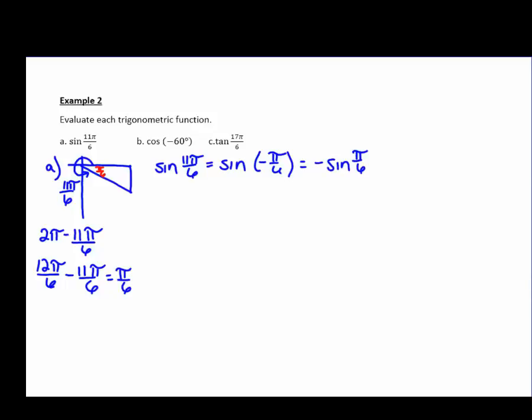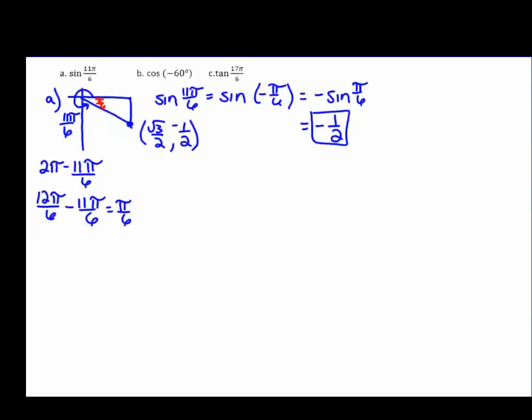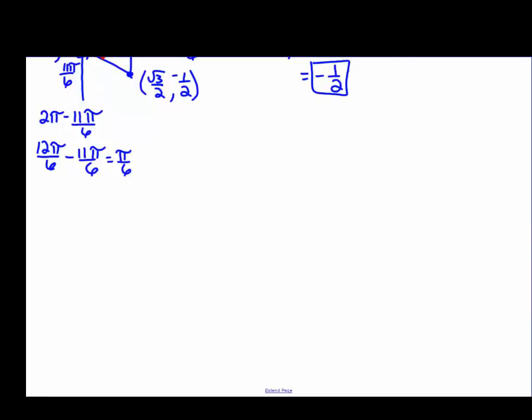And so if we remember on our unit circle, when we have pi over 6, we have square root of 3 over 2 as our x value, and then 1/2 is our y value, but because we're in quadrant 4, that's going to be negative. So remember that sine of pi over 6 is 1/2, and then again, it's going to be negative because we're in quadrant 4.